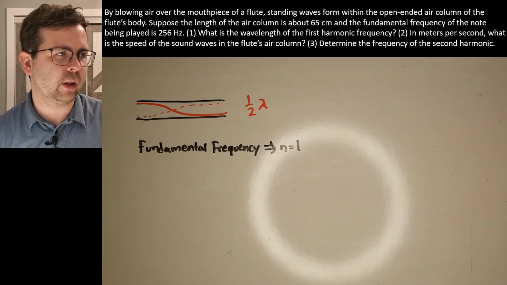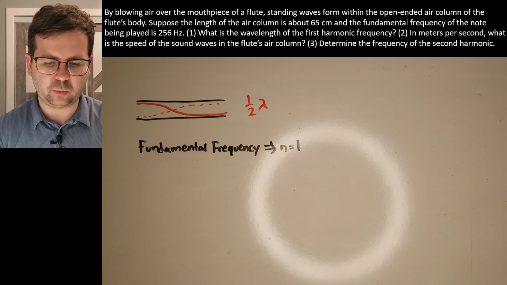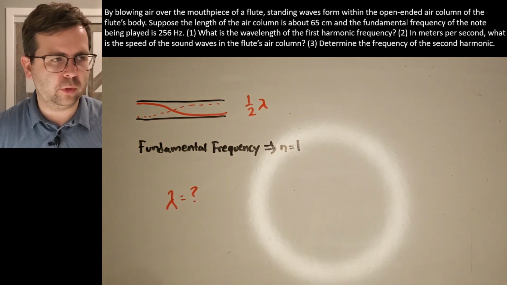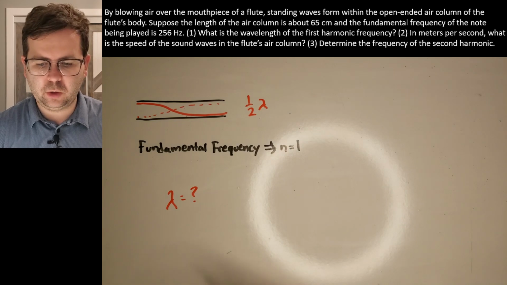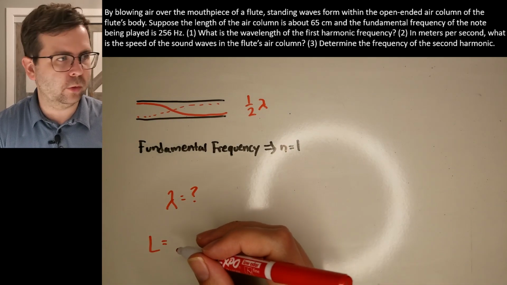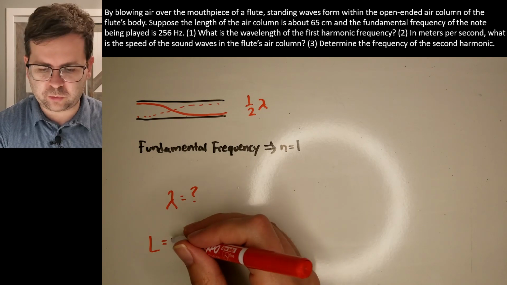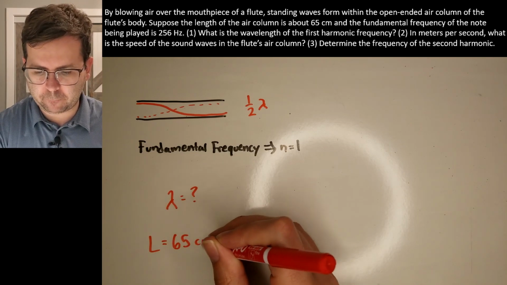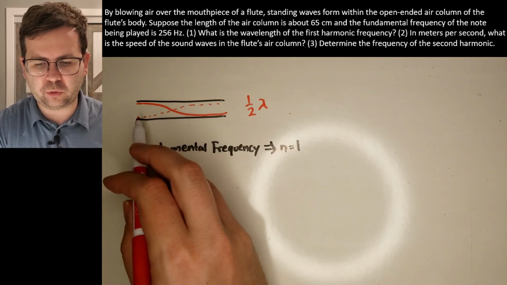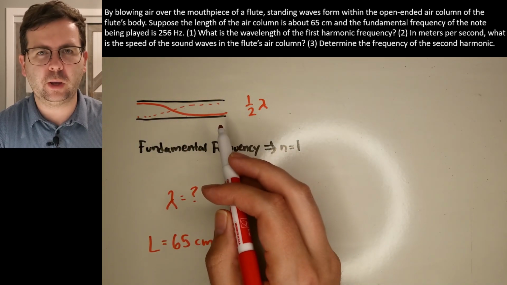Okay, so that already kind of helps us answer the first question, which says, what is the wavelength of this wave? And we know that the length of the pipe right now is 65 centimeters. But also, the length of the pipe is half of a wave inside of there.